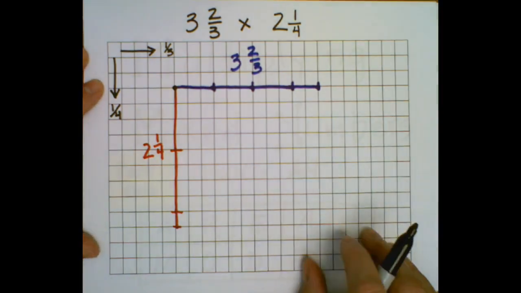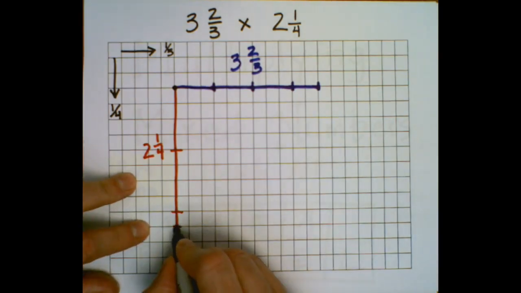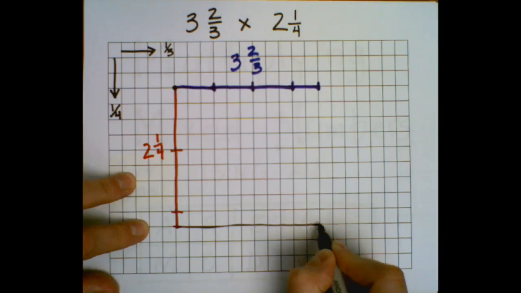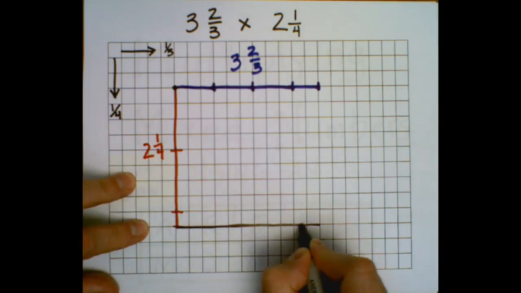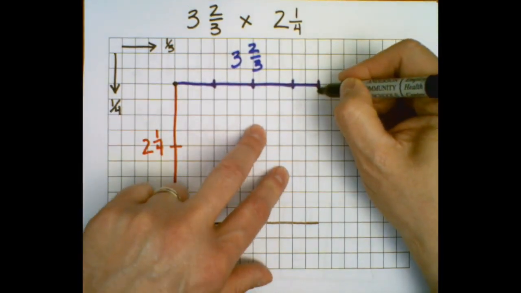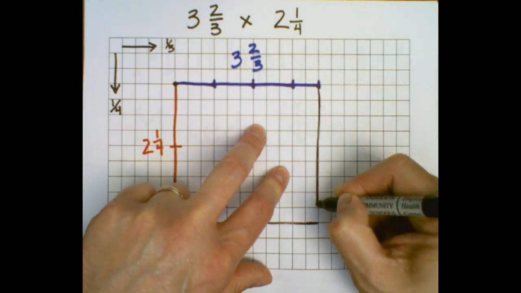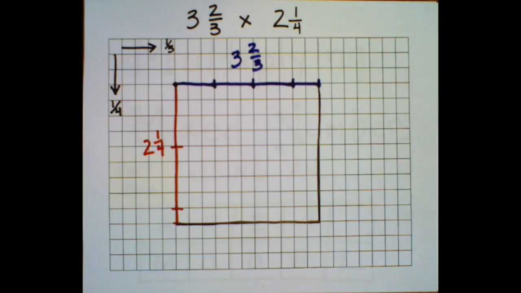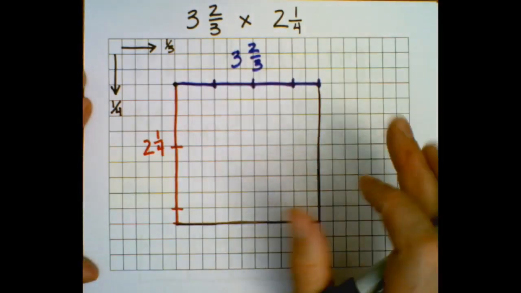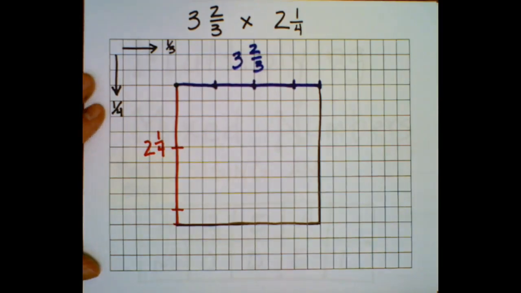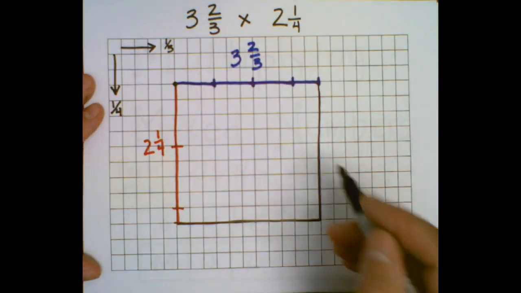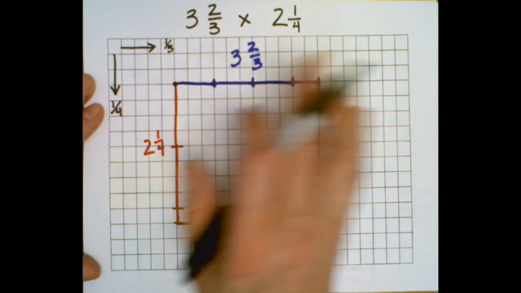Now to solve this as an area model, what I want to do is complete the rectangle. So I'm just going to go across here, open that up a little bit, and then I'm going to come down. And what I have is a rectangle that I can use to compute the area for this particular problem. One method for doing this, and the reason I chose a grid, is that I can just count the squares.